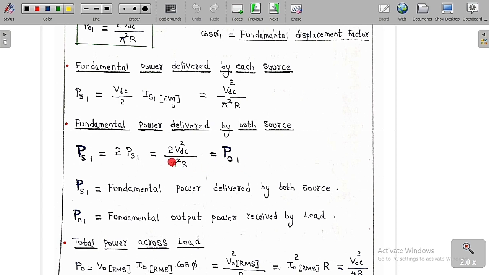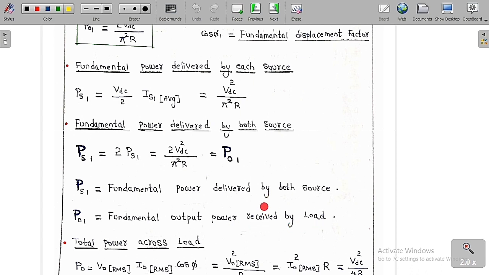The total fundamental power delivered by both the sources is equal to the total average power consumed by the load because of the fundamental components. So this we are going to call the fundamental power delivered by both the sources, whereas P01 means fundamental output power received by load. So both are always equal.